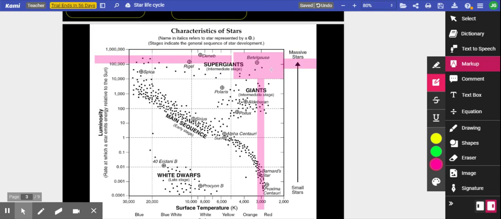So these are the big yet cool stars. For example, if you're going to the bottom left of the table, these stars are very hot and blue-white in color, yet they are not very luminous, only a fraction of the luminosity of the sun, and they are not very big.